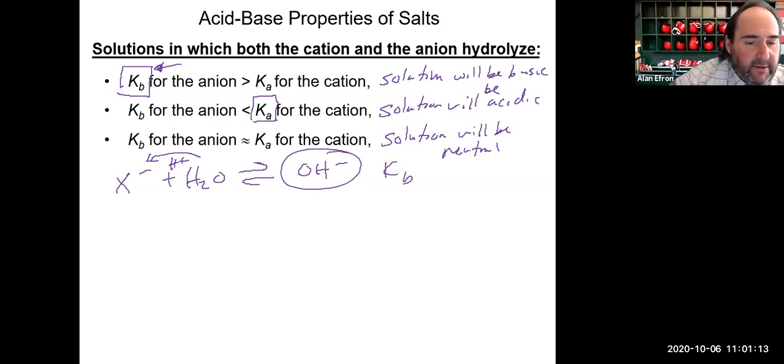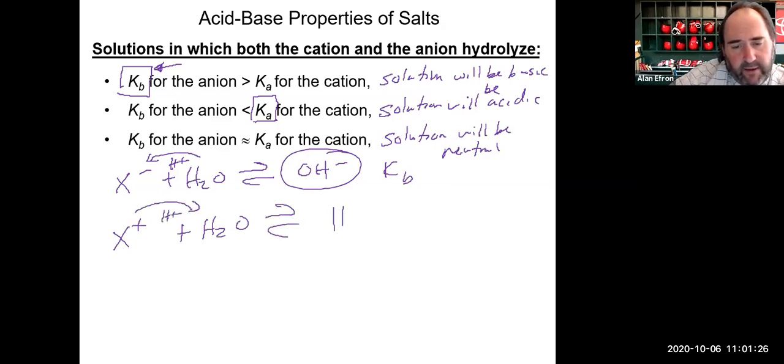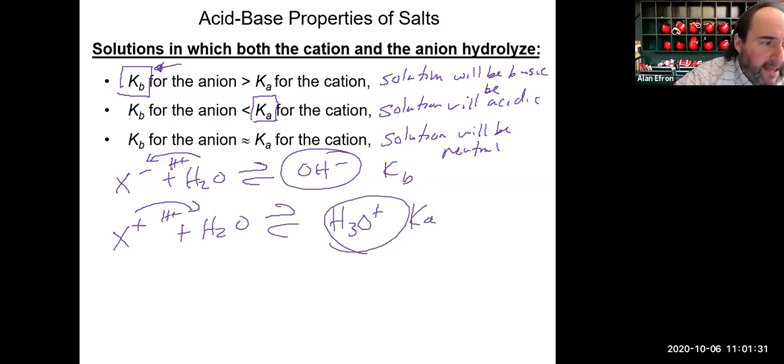If the Ka is larger, then you would do it for the cation, and it will donate its H plus this way, and you'll make H3O plus, and you should be using the Ka value. So again, you may come across salts where both parts go through hydrolysis. You want to make sure you look up the Ka and the Kb values, and just choose whichever one's larger. That is the approach you should take.